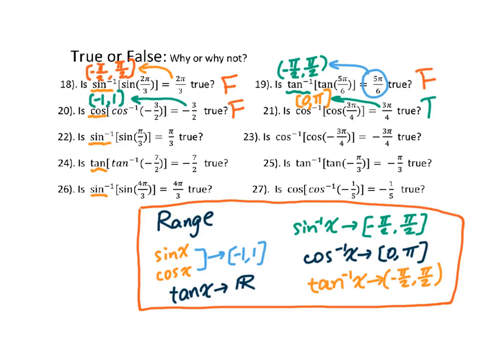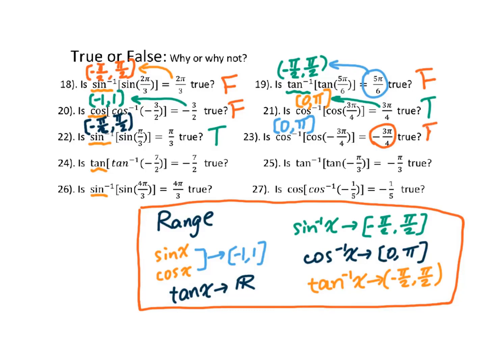Number 22, range for inverse sine is negative pi over 2 to pi over 2. Pi over 3 is in this range. So this is true. For number 23, inverse cosine range will be from 0 to pi. And negative 3 pi over 4 is not in this range.